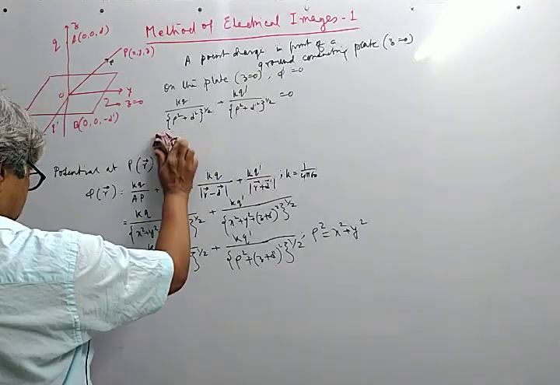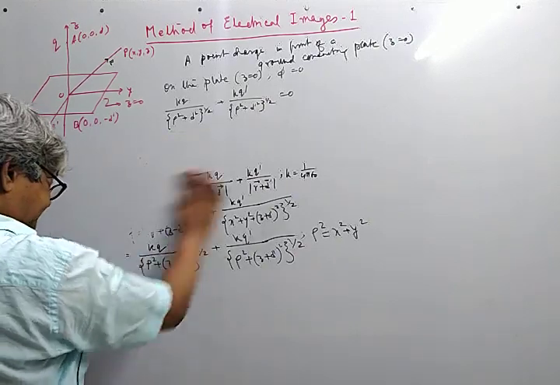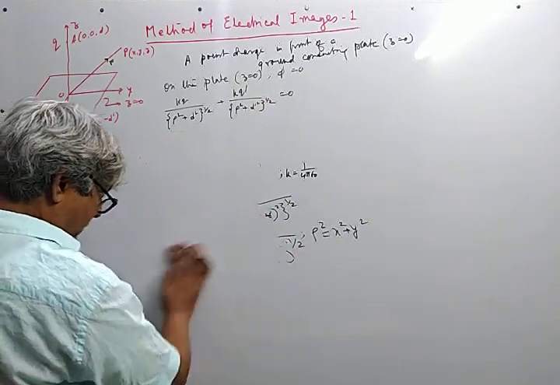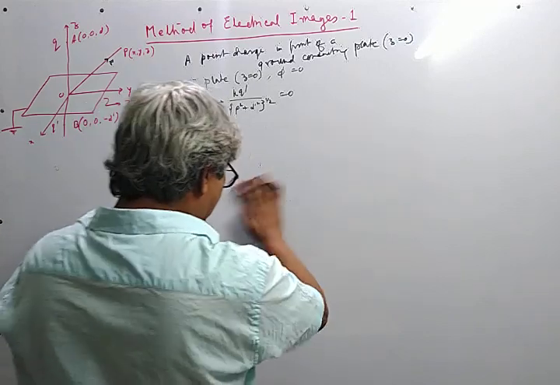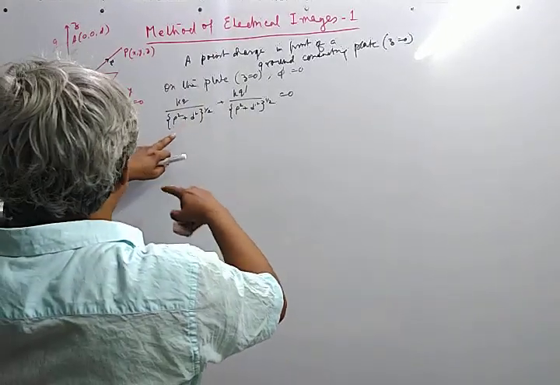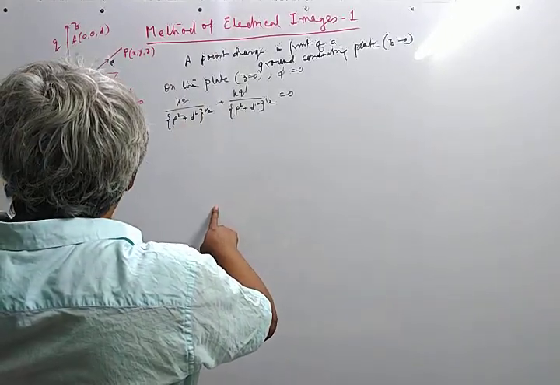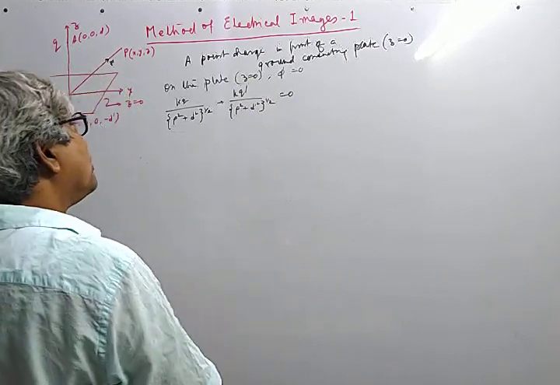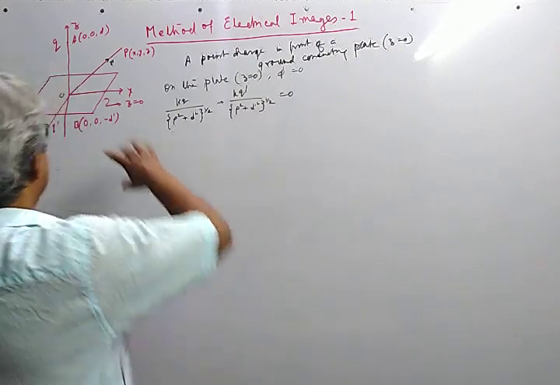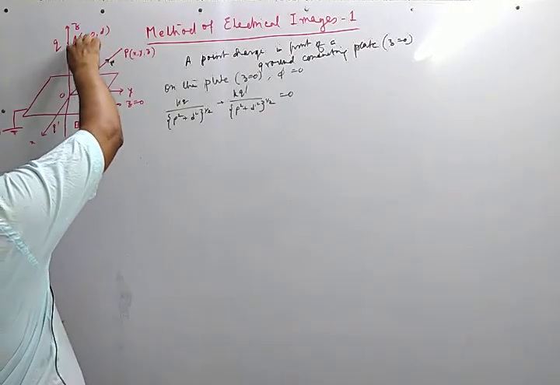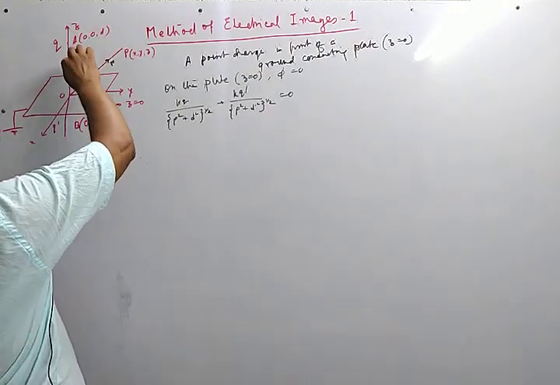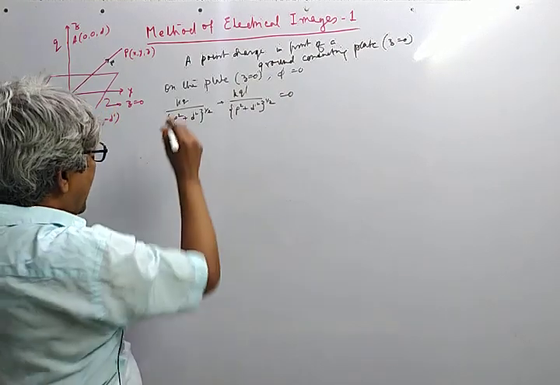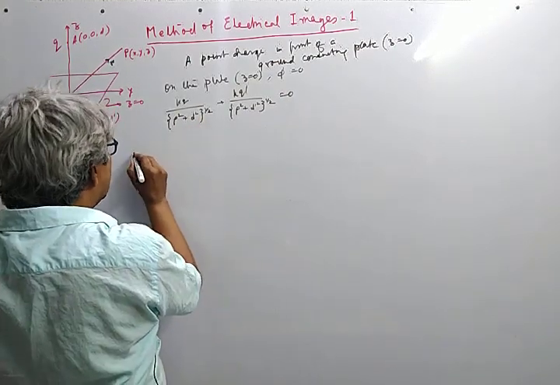We assume that the point of observation lies very close to the origin. So if we consider the point D is not far away, then we can approximate it.